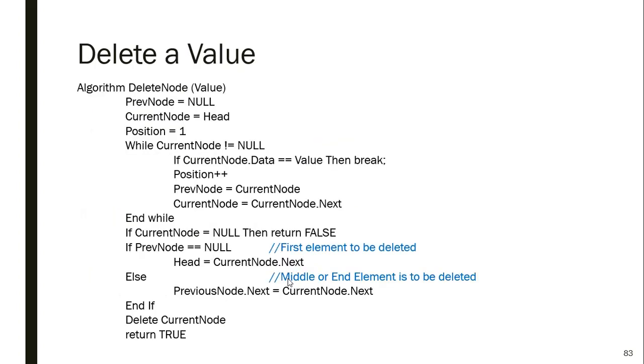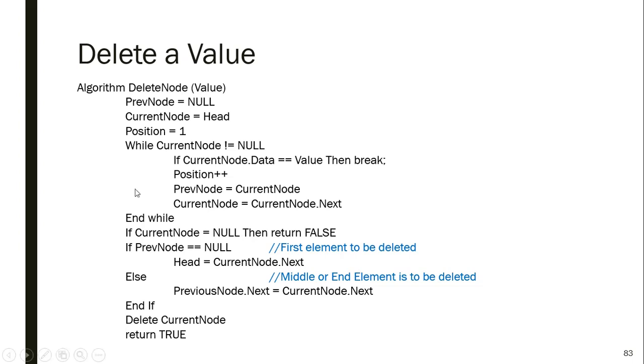Now the next thing is how to delete a value. Same, we can have many cases: we want to delete the first element, or we want to delete any value from the middle or at the end. So we have two cases here. The procedure is the same, but to delete a value we need the value that is to be deleted.